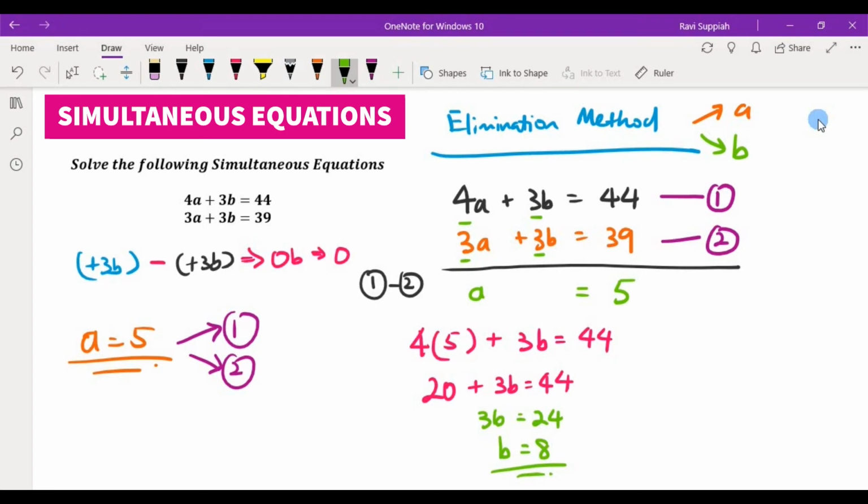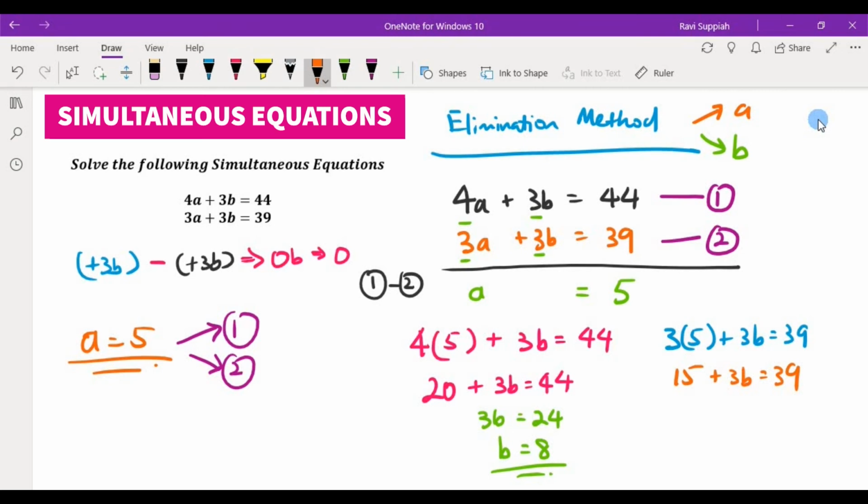I'm just going to show you that if I substitute it into equation 2, I get the same answer. If I substitute a equals 5 into equation 2, I get 3 times 5 plus 3b equals 39. 15 plus 3b equals 39.